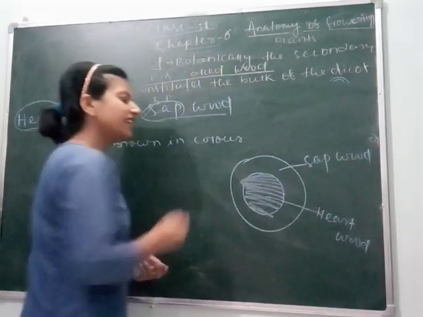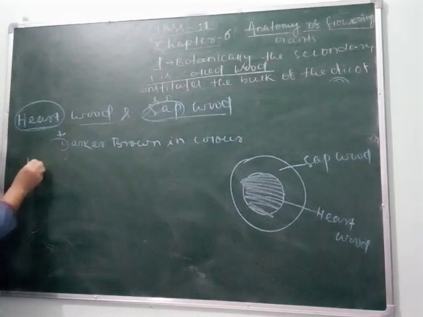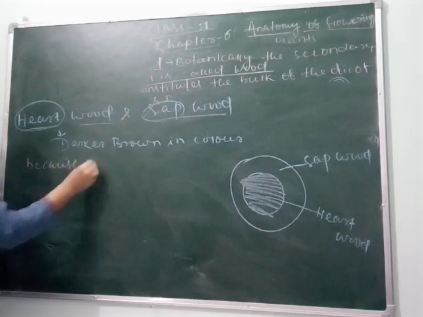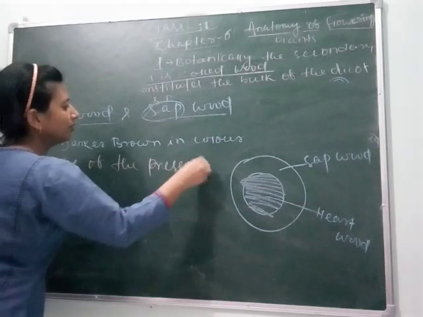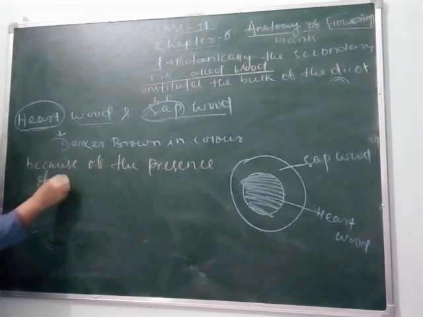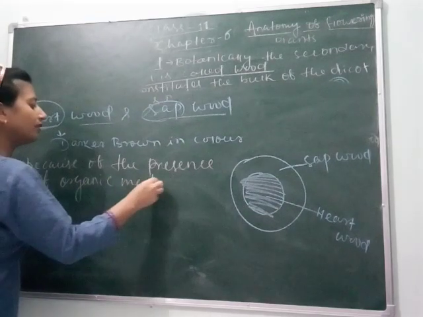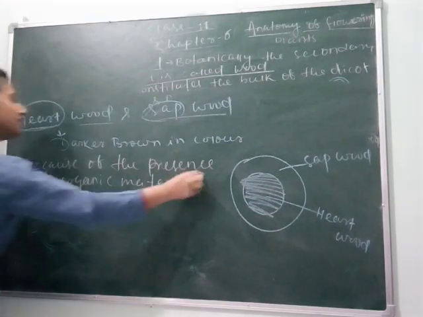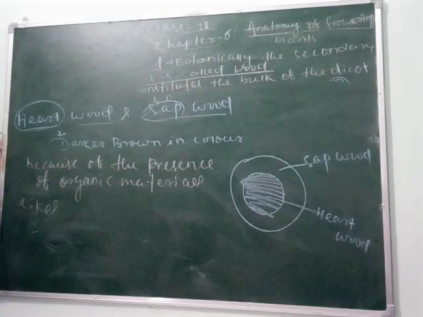So here the question arises, why is this dark? This is dark because of the presence of organic materials. What type of organic materials may be present?